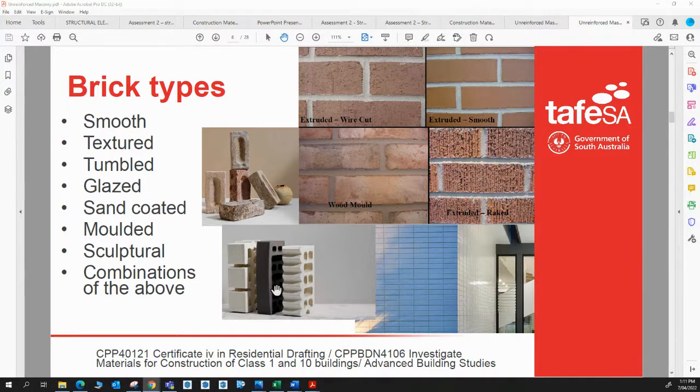Moulded bricks, or extruded bricks that have features and textures to them, like this range of brickwork here, or even glazed bricks. That's where you've got that glazing which is fired on, just the same as some of your fired pottery products. And of course, all sorts of combinations of the above features as well.